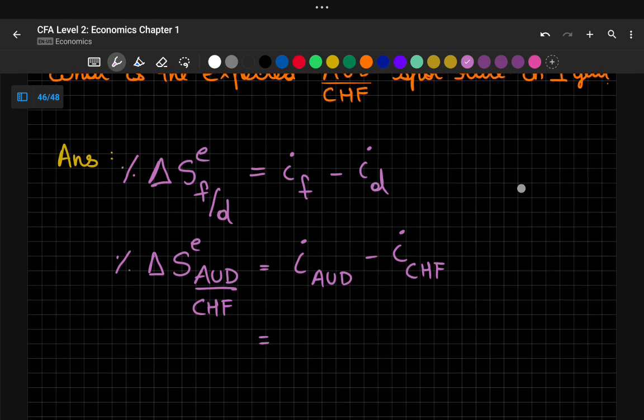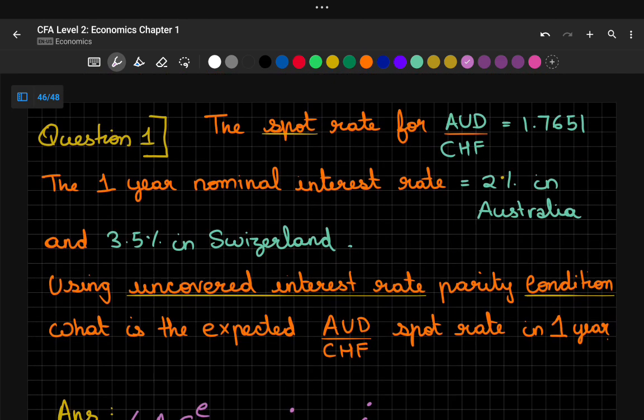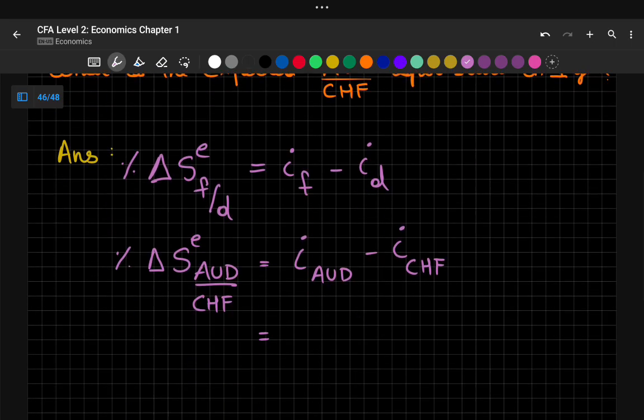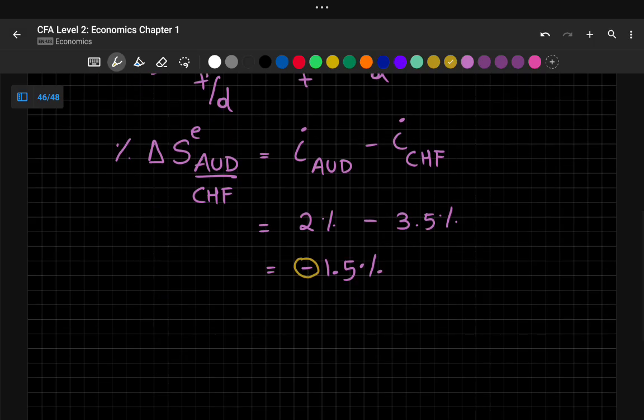AUD's interest rate is 2%, Swiss franc is 3.5%. 2% minus 3.5% would be equal to minus 1.5%. Here the sign is negative, right? If you look, Swiss franc has a higher interest rate. That's why it is coming to negative. The interest rate differential is negative 1.5%.